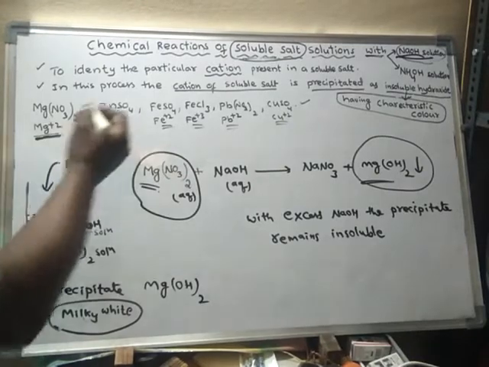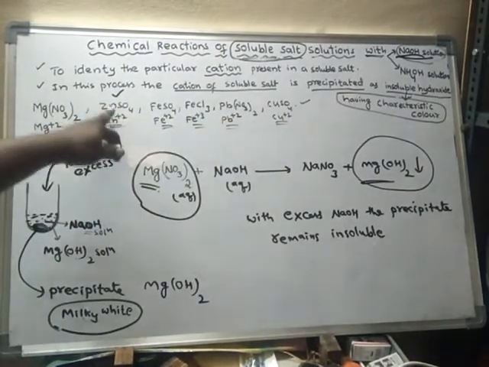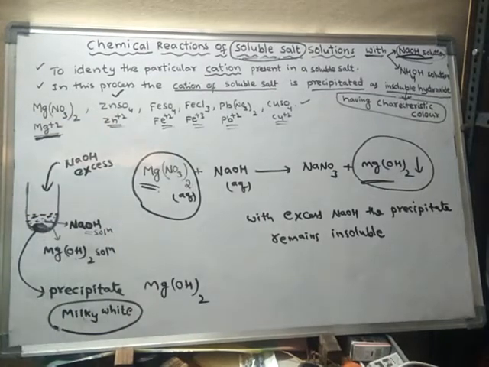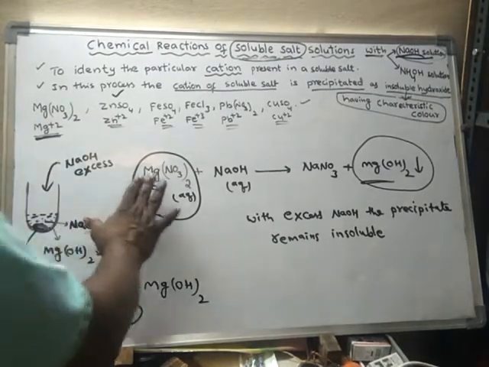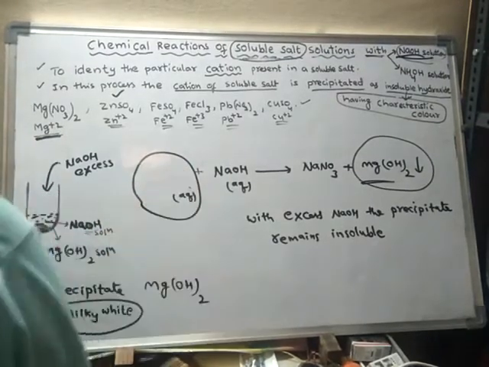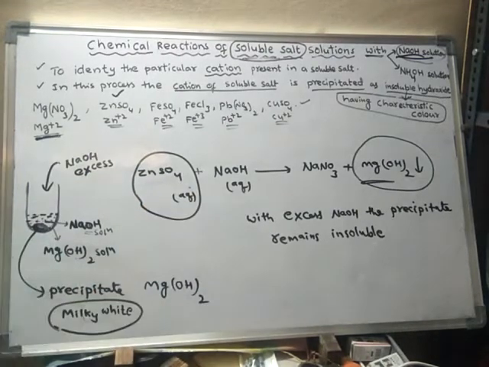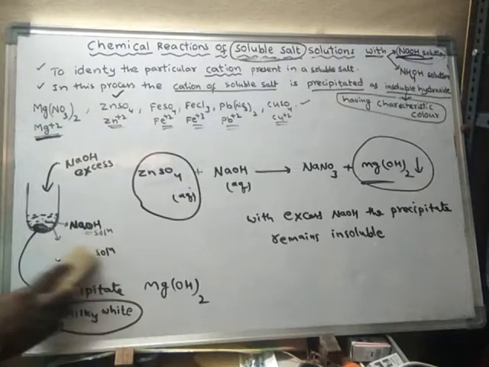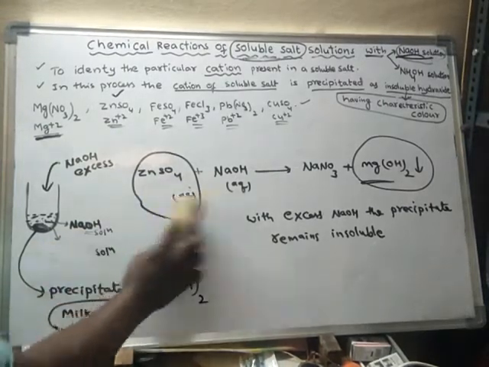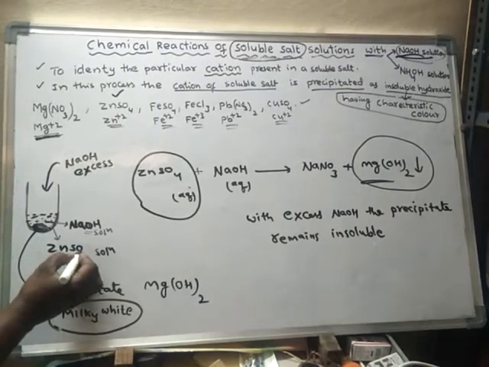Suppose let us take another salt. These are all soluble salts. Now we take zinc sulfate salt solution, and we are mixing these two solutions, zinc sulfate and sodium hydroxide.